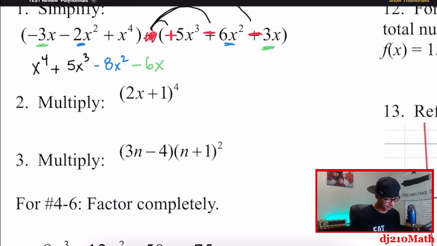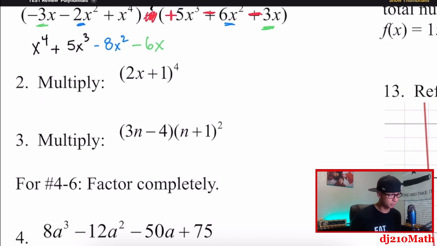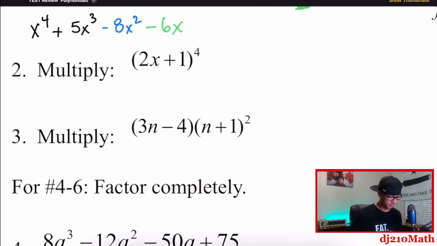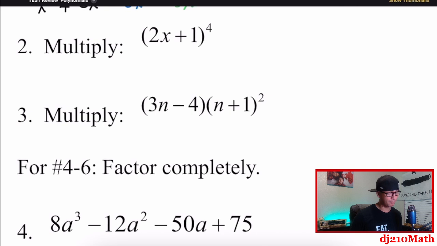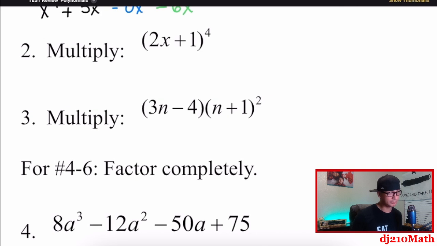Okay. Number 2. Simply multiply. Okay, here, this is going to be 2x plus 1, that binomial, 4 times, right? You cannot just apply the 4 to each of these. That's not how this works.